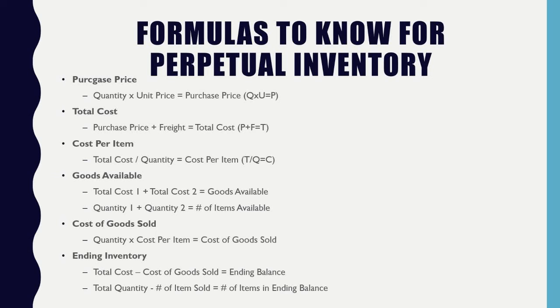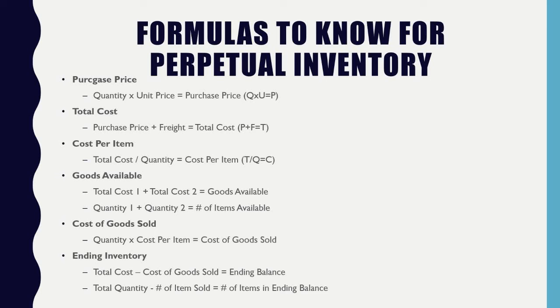And of course, our cost of goods sold section, where we're introduced to another section in the inventory worksheet dedicated to just calculating the cost of goods sold. This will depend on what the cost per item is, but it's standard: quantity times cost per item will give you your total cost of goods sold.